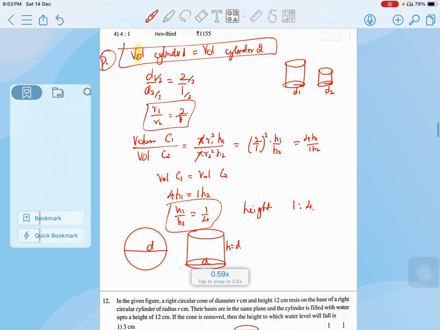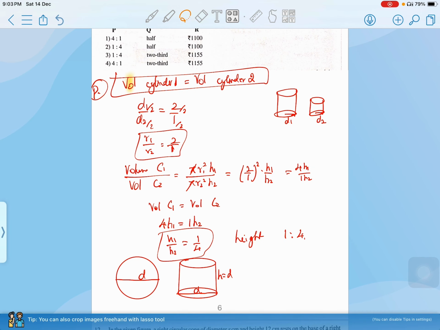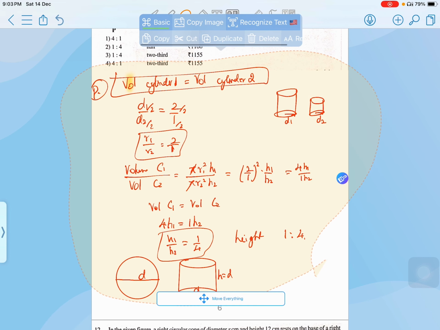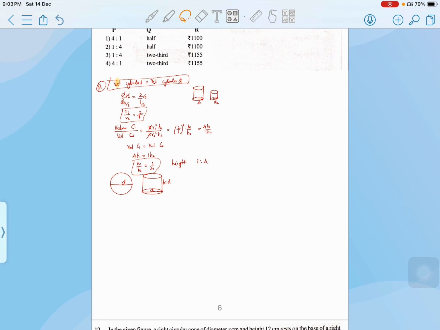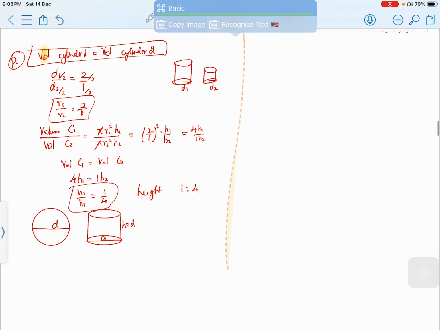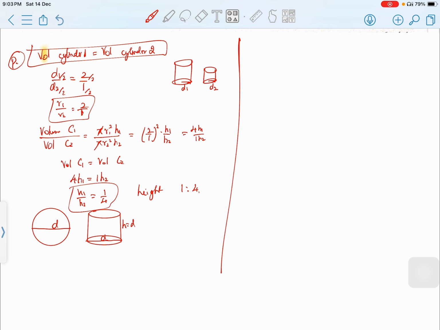So our sphere radius will be r, which means your cylinder also has radius r, because they told the same.